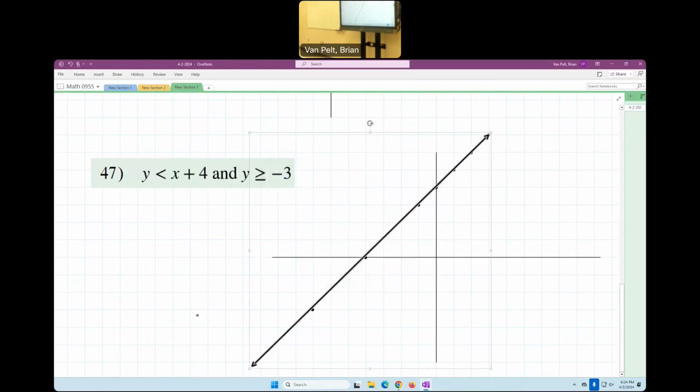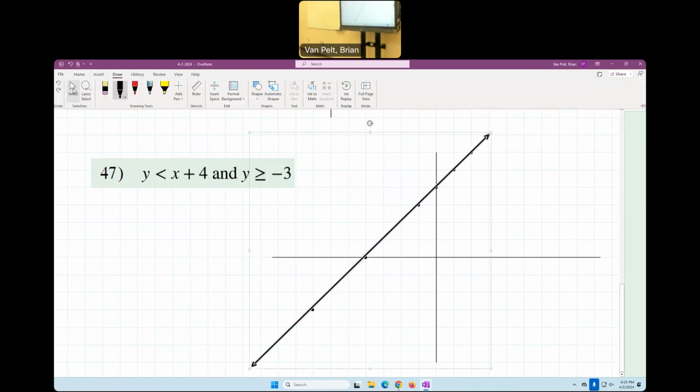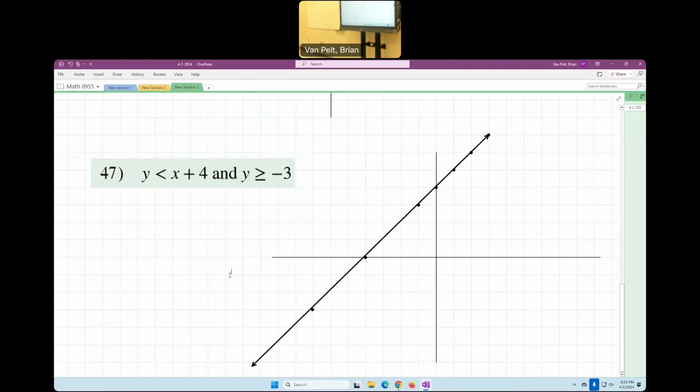Hold on there, what's this? Oh, there we are. I want to shade underneath it, but let me first change this thing to, is it right click? Yeah, right click. Handwriting.